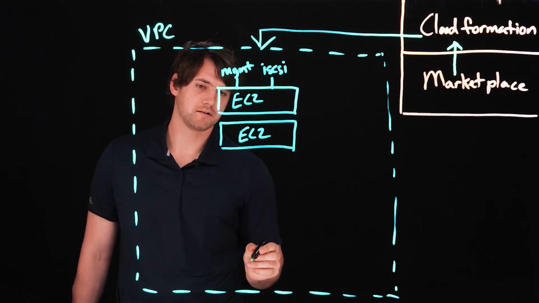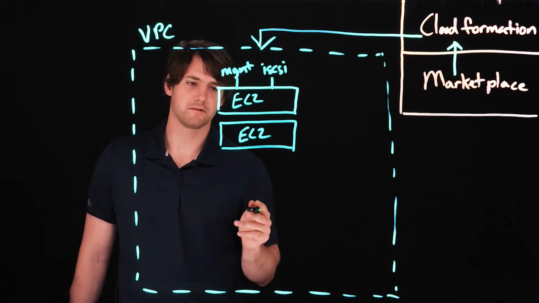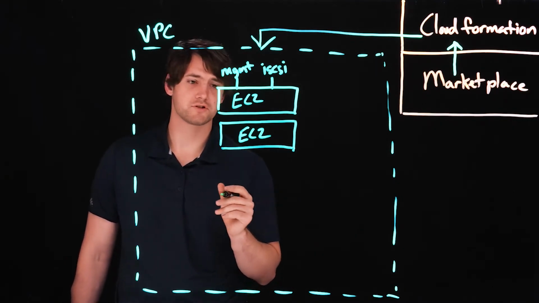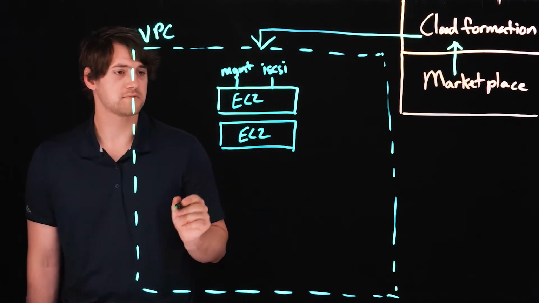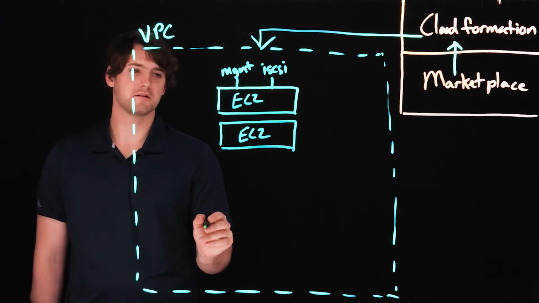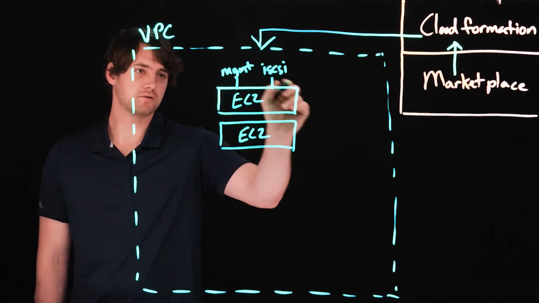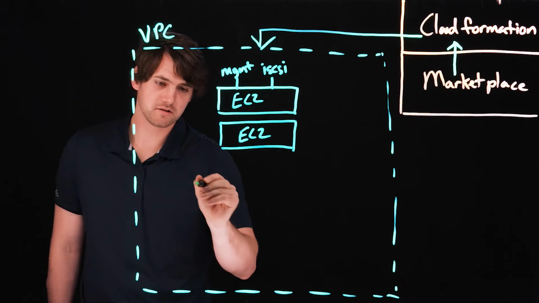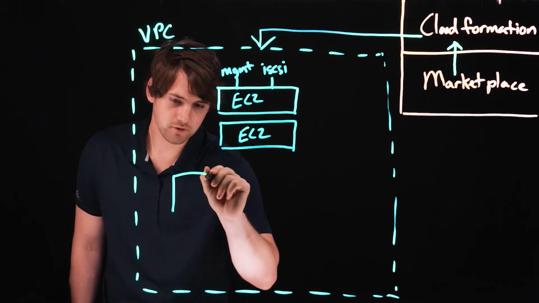Then what will get deployed is the actual storage drives themselves. Now, this is where one major difference shows up between the physical systems and a Cloud Block Store instance. These drives are not actually just drives mounted to these EC2 instances. What they actually are is their own virtual machines.